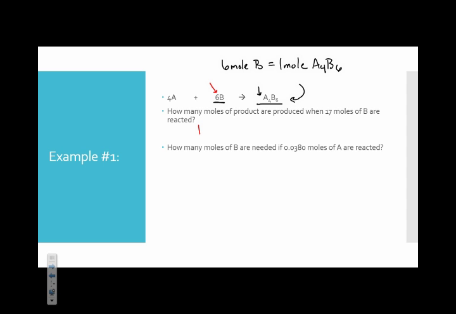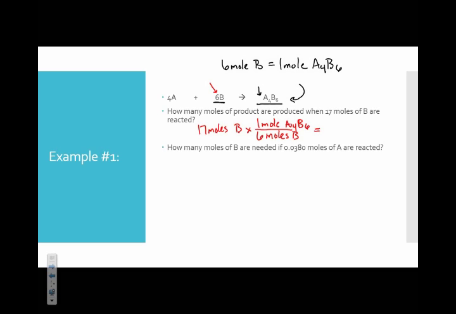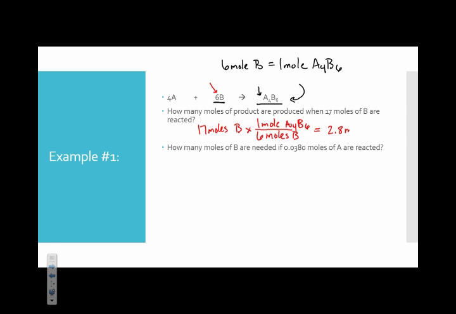So now, I know I'm starting with 17 moles of B. If I want to figure out how many moles of product I'm making, I take my relationship from the balanced chemical reaction that there are 6 moles of B for every 1 mole of A4B6, and then I do some math. So it's essentially 17 divided by 6, which gives me 2.8 moles of A4B6 produced.